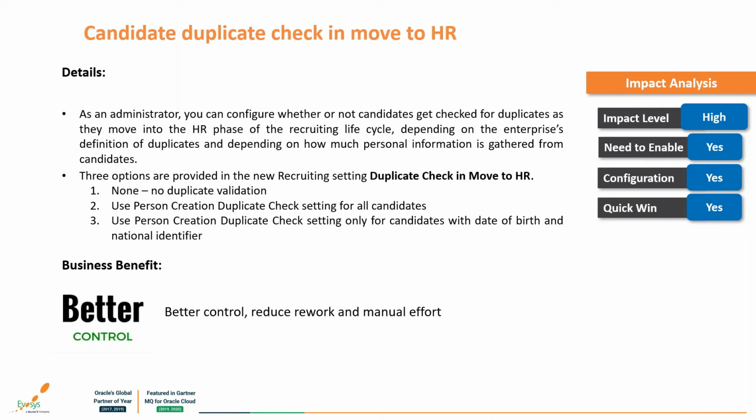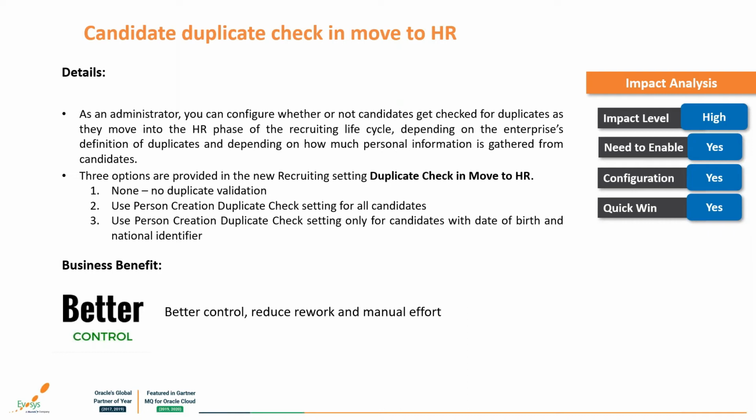We'll understand this with an example. When you use this duplicate check feature, let's say there is a person named XYZ, the gender is female, the national identifier we can assume is 12345, and the birth date of that candidate is 1st January 1990.